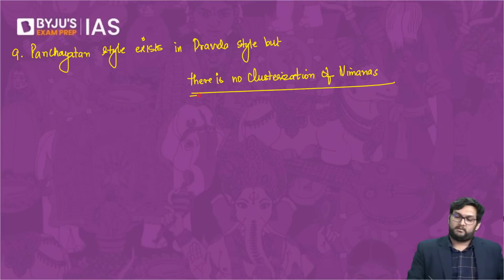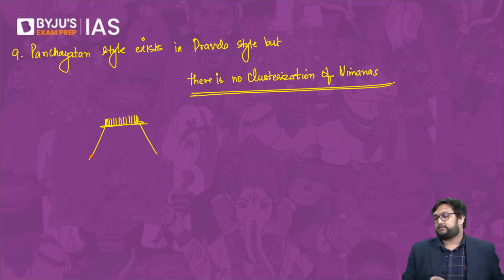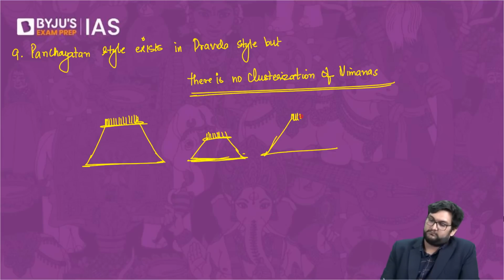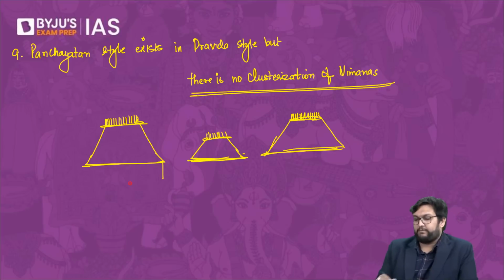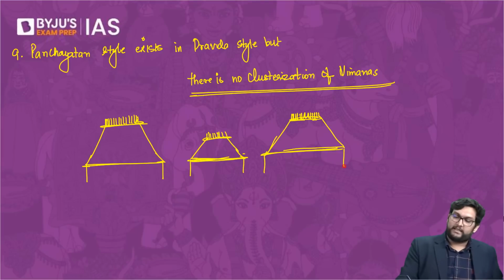Meaning, if there are subsidiary shrines, they will never be together. They're not brought together. Now the god should be under A, B, or C.